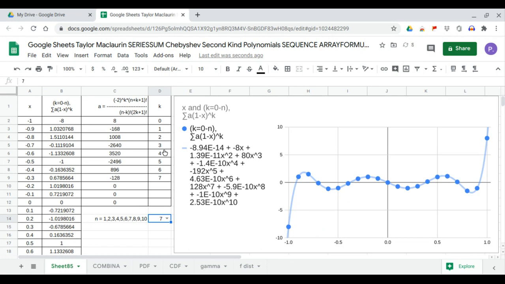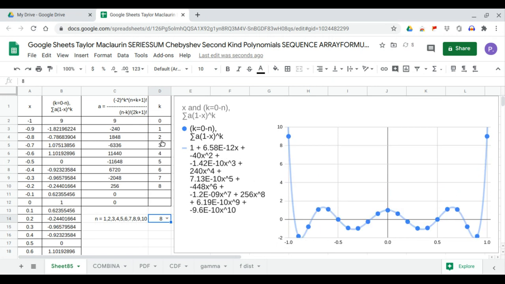At n equals 7, y equals minus 8x plus 80x cubed minus 192x to the fifth plus 128x to the seventh, and at n equals 8, y equals 1 minus 40x squared plus 240x to the fourth minus 448x to the sixth plus 256x to the eighth, and that's it.